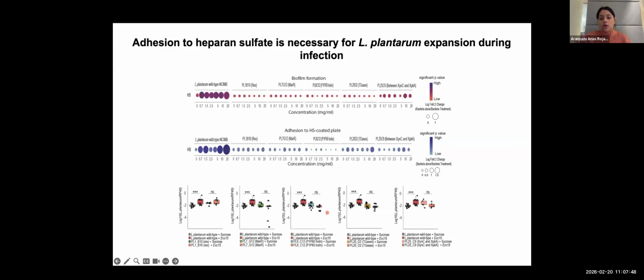But all the other genes might be important, because even if we don't have significant differences, the loads just go down and the bacteria are unable to thrive during the infection conditions, which resembles the overall phenotype. So Lactobacillus is not able to thrive because it lacks, for example, the transglycosylase, and this is pretty much because it is then unable to sense the presence of heparan sulfate along the gut during the infection.